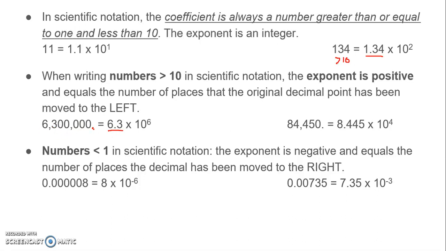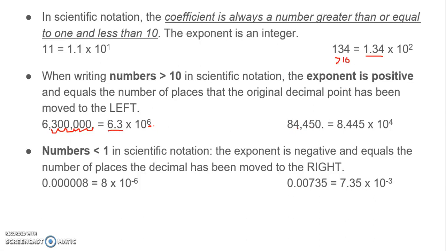So let's start from the far right and move: 1, 2, 3, 4, 5, 6. Okay, so you move 6 times to the left. So you have 6.3 times 10 to the 6.